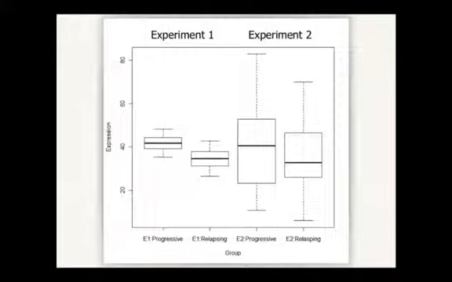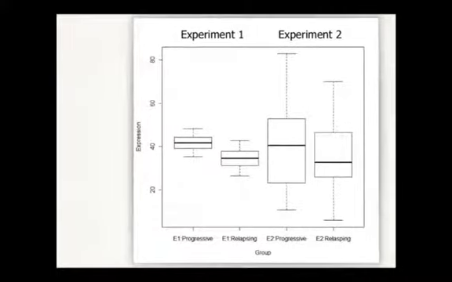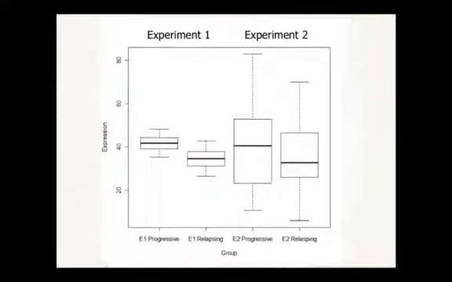So you can see that there were two experiments conducted here. Means in the two groups are the same in both experiments. Okay? In particular, you can see the progressive group is here and here, and their mean is the same in both experiments.